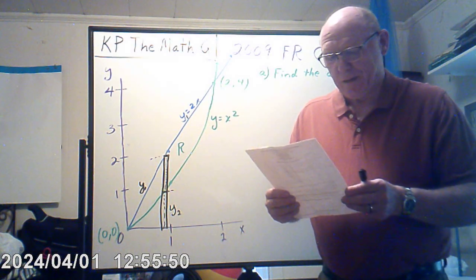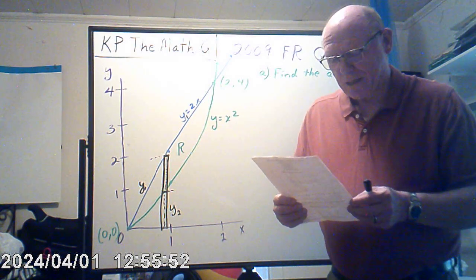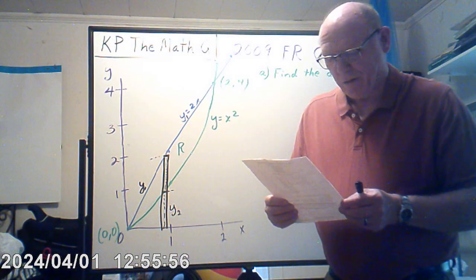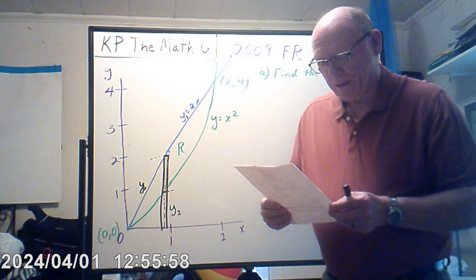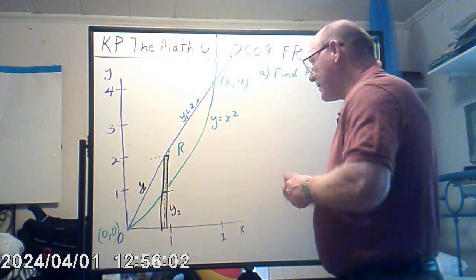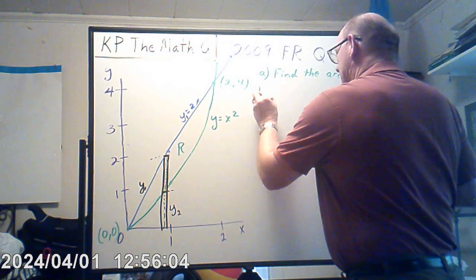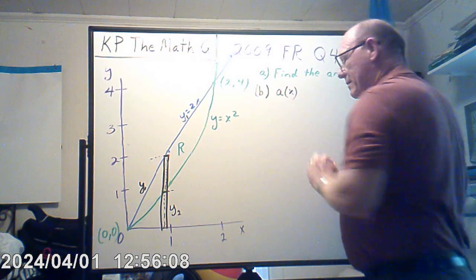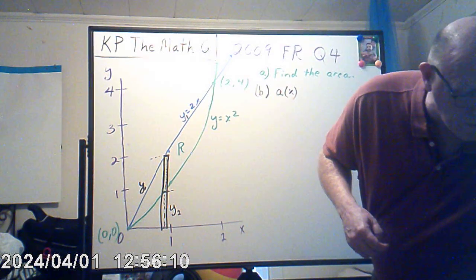All right, the second one: the region R is the base of a solid. For this solid, at each x, the cross section perpendicular to the x-axis has an area A at x. So, B part. A at x, I think that's what they're saying, this area.